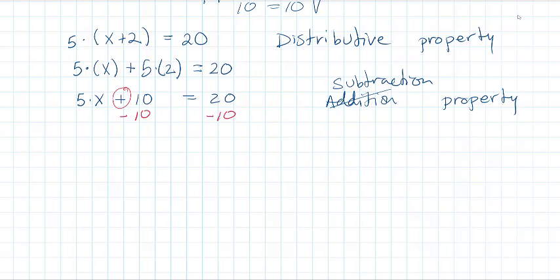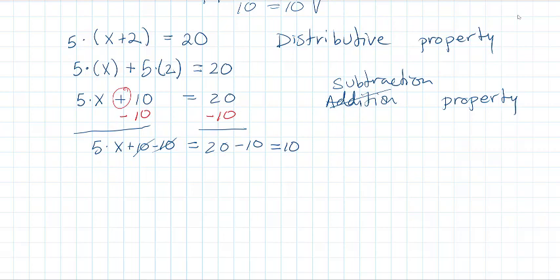So let's subtract 10 from both sides of this equality. So we get 5 times x plus 10 minus 10, we'll write it fully out, equals 20 minus 10. Okay, we're almost there. One more step. 10 minus 10 cancel, and 20 minus 10 equals 10, right?